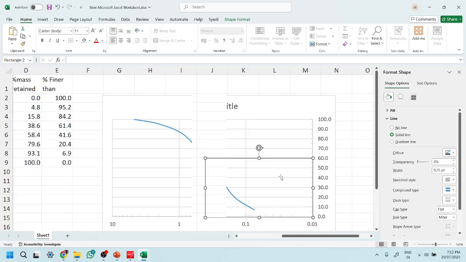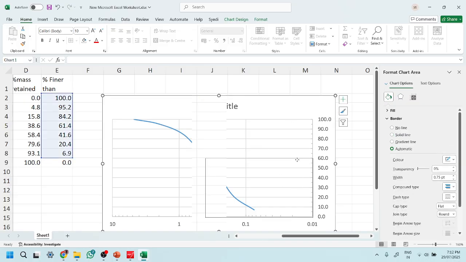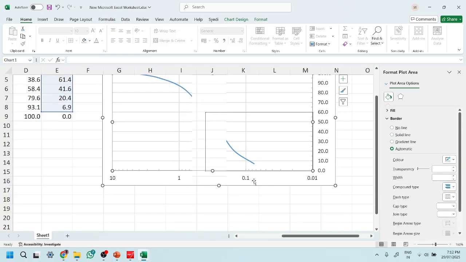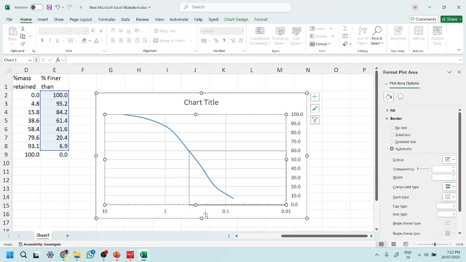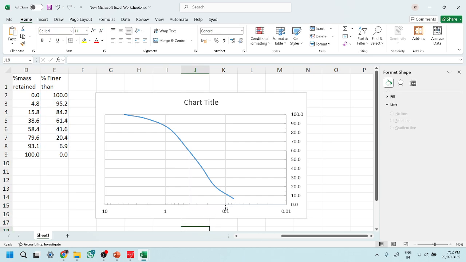60. This is point 1, point 1, point 2, point 3, point 4.